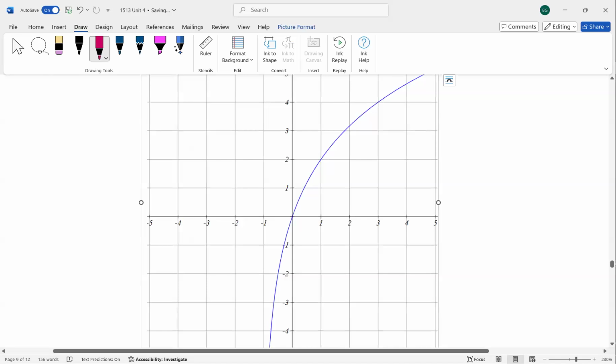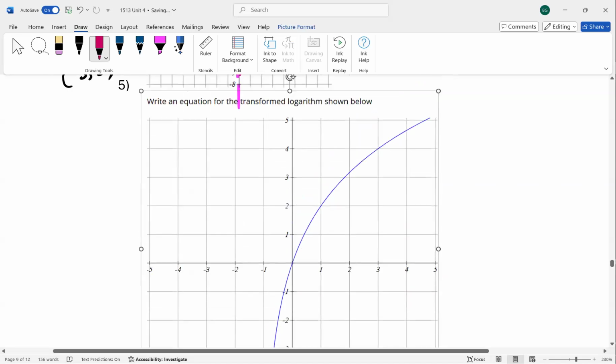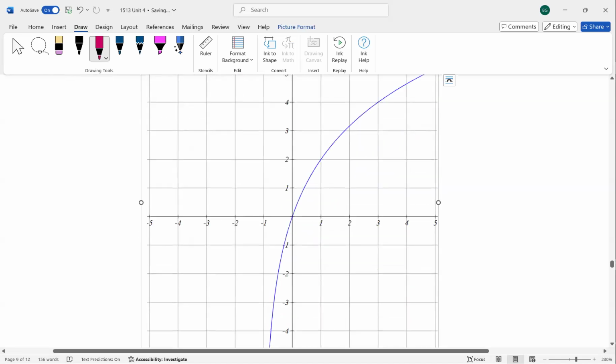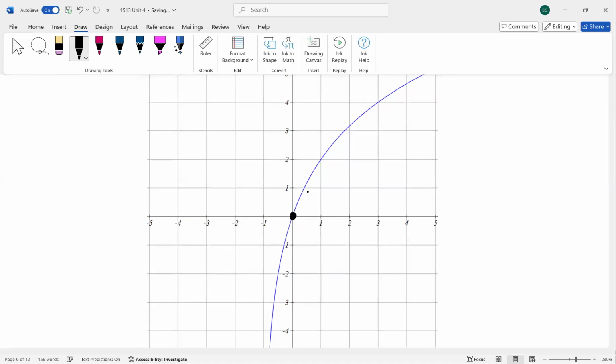So this seems a log growth function. I can find some important points. For example, (0, 0) here, and then (1, 2) here, and (3, 4) here. Okay, that should be enough.